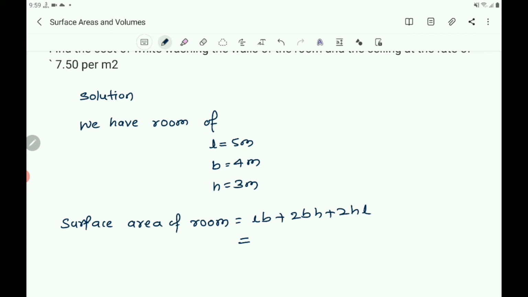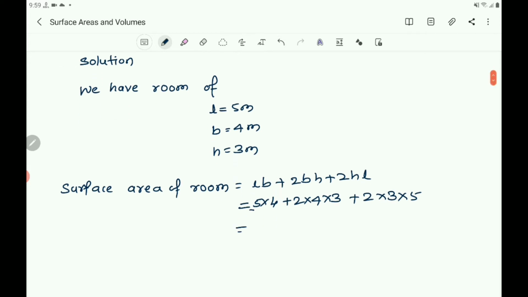LB means L is 5, B is 4, 5 into 4, plus 2 into B, B is 4, H is 3, plus 2 into H is 3, L is 5. This is 2BH, this is 2HL, that is the 4 walls, this is the roof.